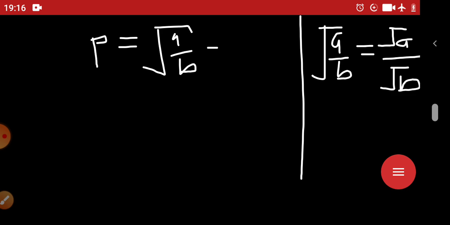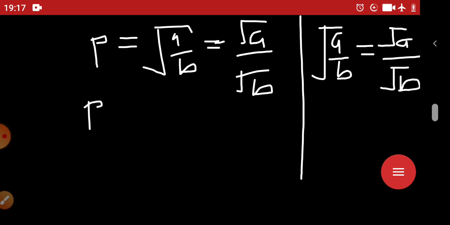I'm just complicating the problem because I want to check if you know the rules. So now you have the square root of A divided by the square root of B, and we are required to make B the subject of the formula.